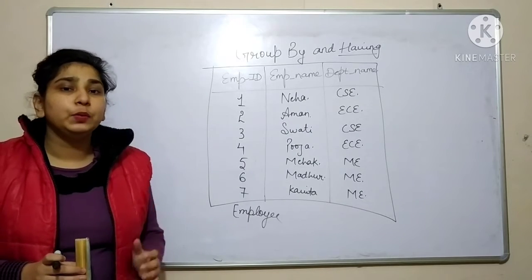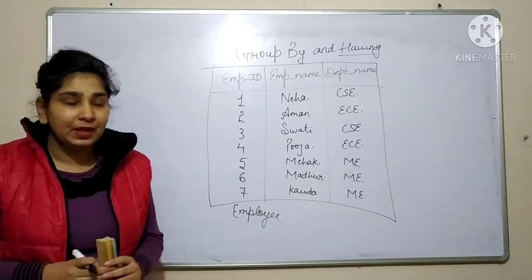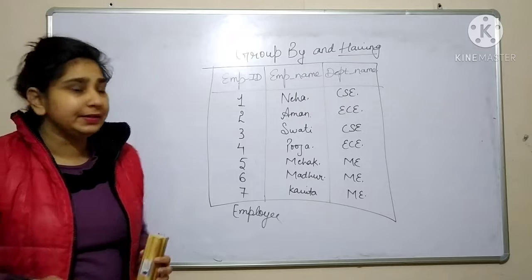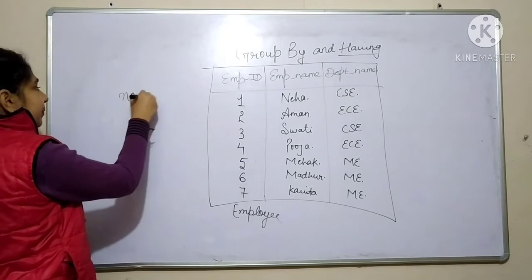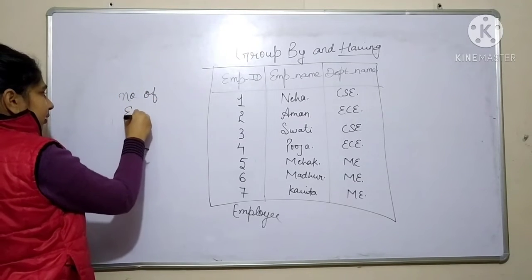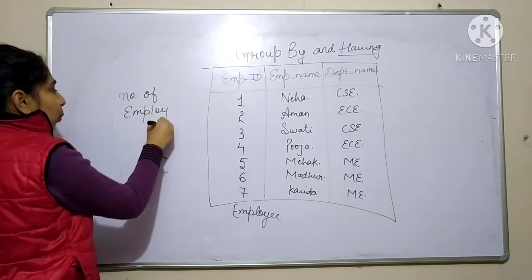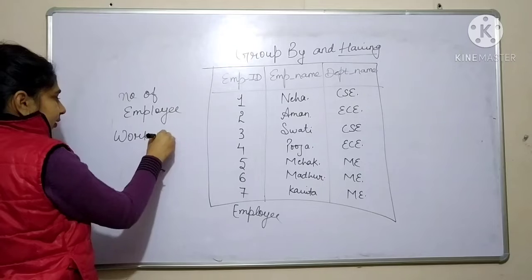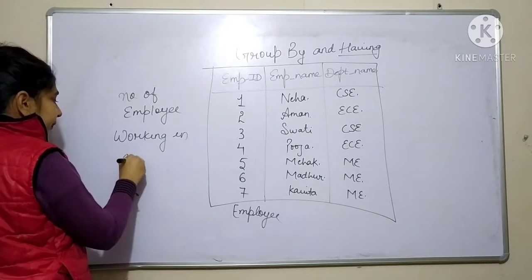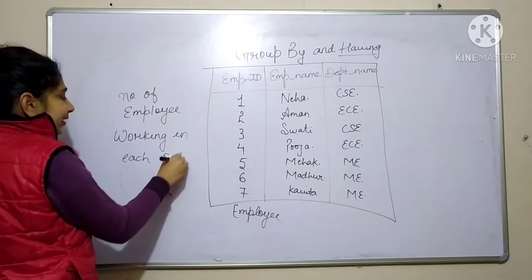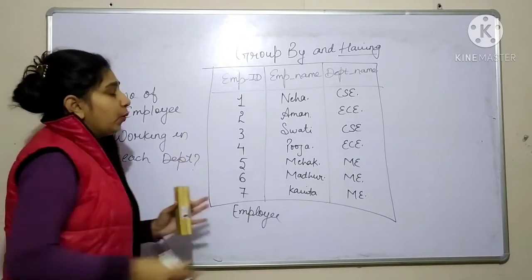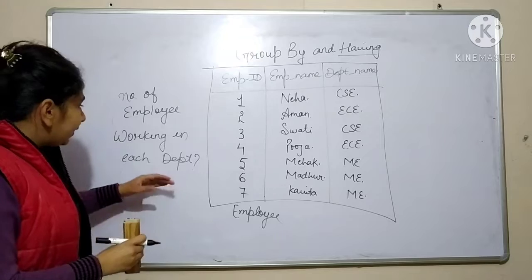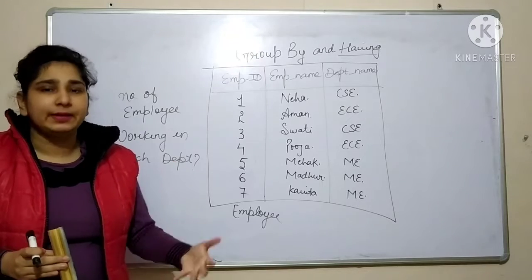Let me give you one query. My query is, I want to find the number of employees working in each department. I want to know how many employees are working in each department.